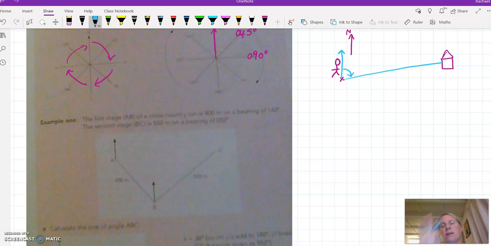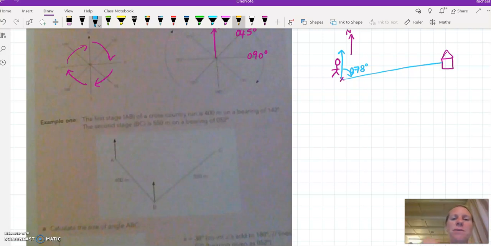Okay, so how big that angle is, I'm going around clockwise. So in this case, it'll probably be, I don't know, maybe about 78 degrees, let's say. Okay, because it's a bearing, it's not just 78 degrees, it's 078 degrees. And that's the way we do them.